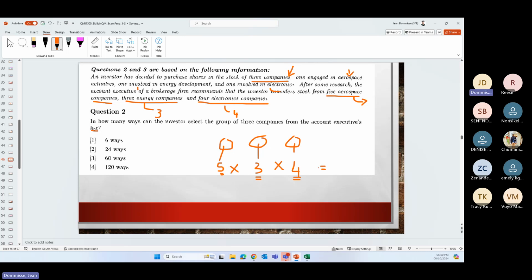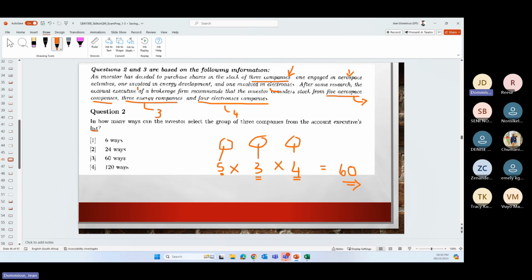So 5 times 3 times 4 will give me my answer. Let me just check if that gives us 60. So it's not that you have 5, 8, 12 companies in total, and for the first one, it can be any one of them.